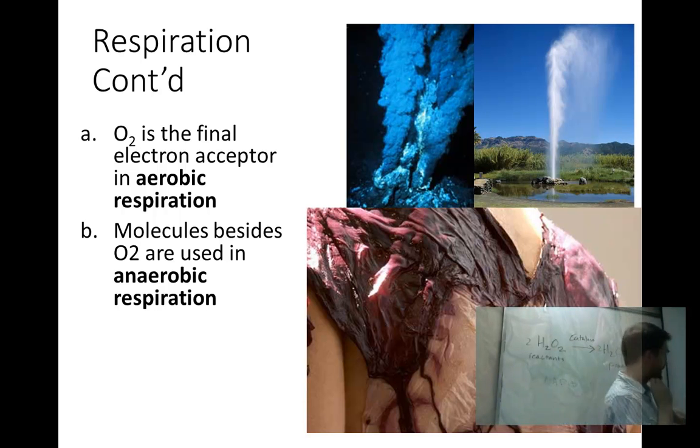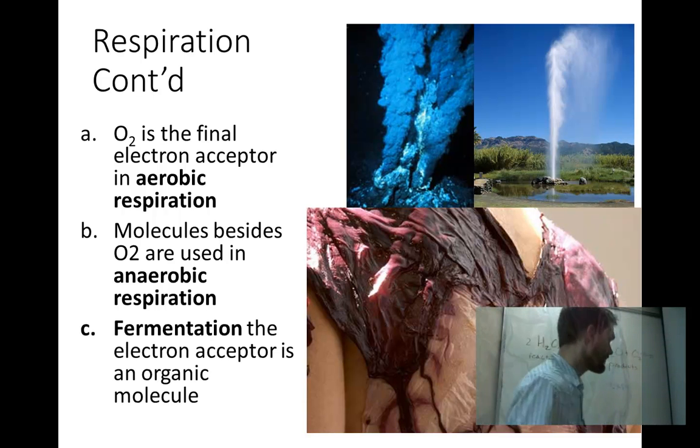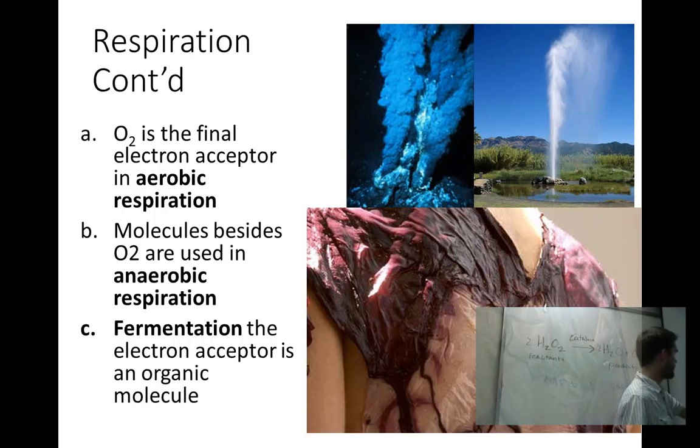This is material that is made out of fermented grapes, sort of cloth, I found on the internet. But the fermentation process uses something besides oxygen, so it's anaerobic. And in fermentation, the final electron acceptor is an organic molecule.